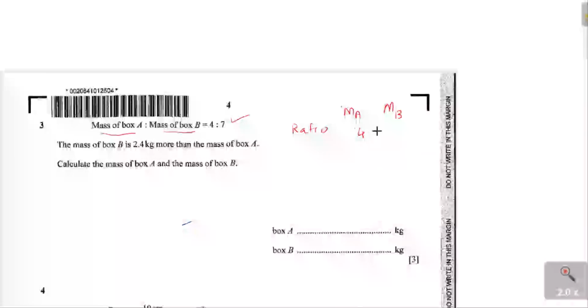Question 3. The ratio of mass of box A to mass of box B is 4:7. Mass of box B is 2.4 kg more than the mass of box A. Calculate the mass of box A and mass of box B. To calculate the mass of box A and B, firstly we suppose the actual value of the masses of the boxes.